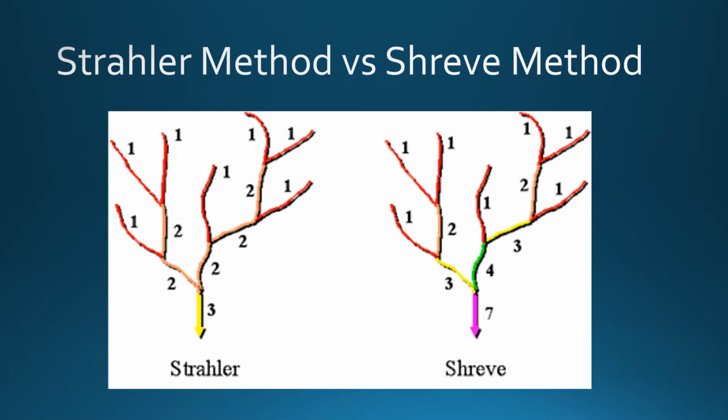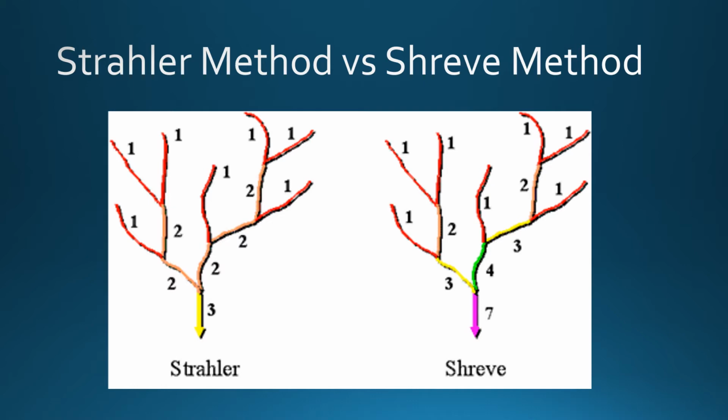So the only time you increase the number for the Strahler method is when the same numbers come together. 1 and 1 makes a 2. 2 and 2 makes a 3. But if it's a 1 and a 2, that smaller stream just adopts the order of the larger stream. So 1 and 1 is 2, 2 and 1 is 2, 2 and 2 is 3. It's not additive. 2 and 2 isn't going to be 4, it's going to be 3. It's just the next number in the order.